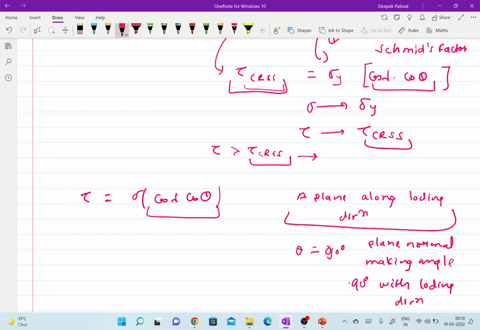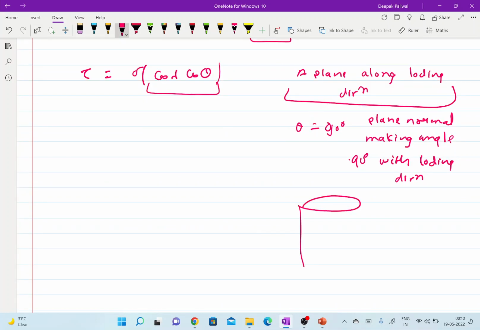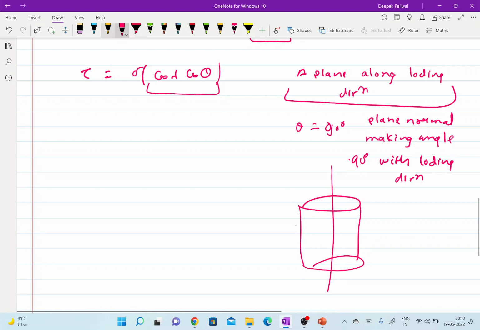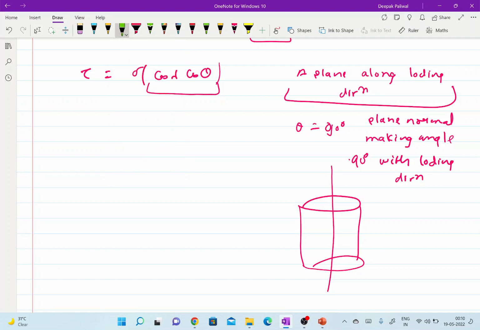So we can visualize it like this. This is my material, this is my loading direction, and I am assuming a plane. Let me use a different color. Okay, so I am assuming a plane like this. This is my normal, and it is making an angle of 90 degrees. That means theta becomes 90 degrees.